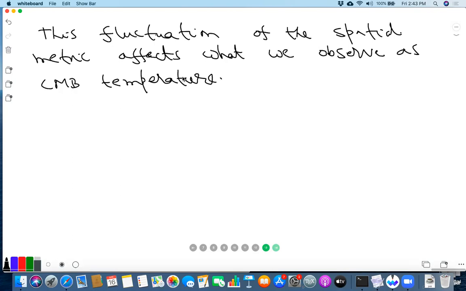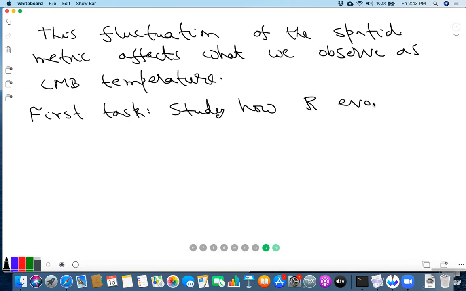So our first task is to study how R evolves from T star to TLS.